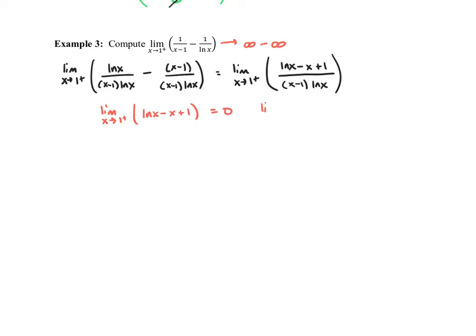So far so good. Then we have the denominator, and again we have 0 for x minus 1, and then ln of x as x goes to 1 from the right is 0. So we get 0 times 0, which is 0. Okay, so we're going to use L'Hopital's rule. Again, we have the condition that we want.